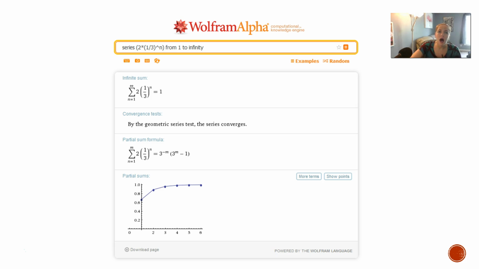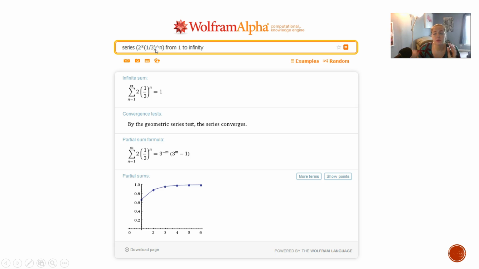And if you want to make sure that you're doing it correctly, again, you can use Wolfram Alpha. Be careful though, because this one's a little bit different because the 2 is not being affected by that n. So it needs to be outside of the n.